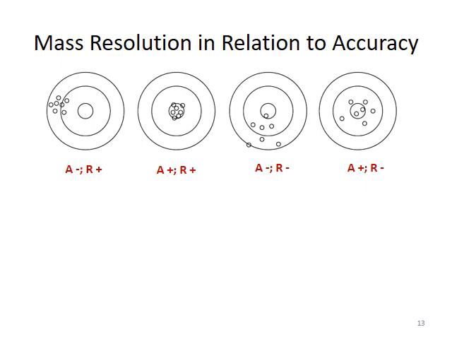So we are going to use the following figures to show you 4 different scenarios regarding the relationship between mass resolution and accuracy. As you can see, mass resolution actually refers to how close each individual measurement is to each other. If they are clustered together, it means there is high resolution.